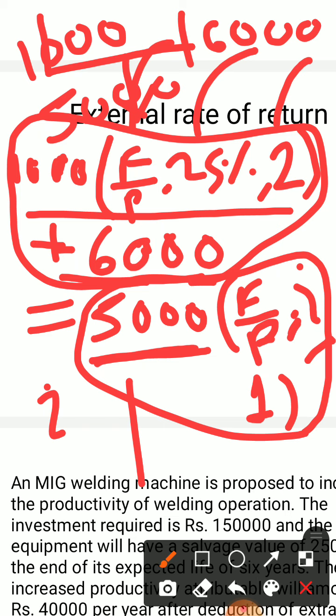So this particular interest rate is nothing but the external rate of return.